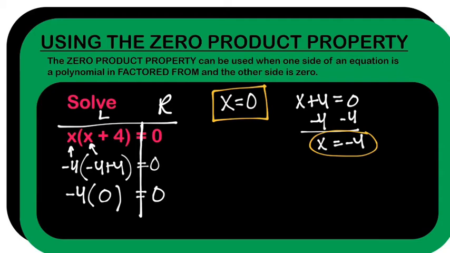And then negative 4 times 0 is 0, which does equal the right side of the equation, which is 0. So yes, negative 4 is a solution because it creates a situation where the left side of the equation is equal to the right side of the equation.